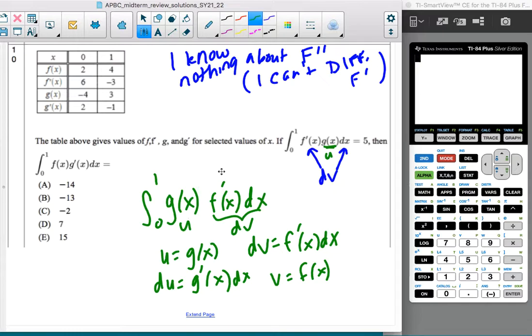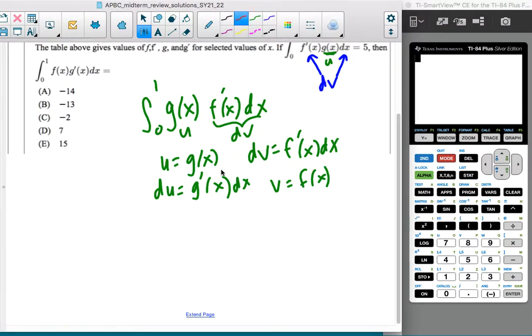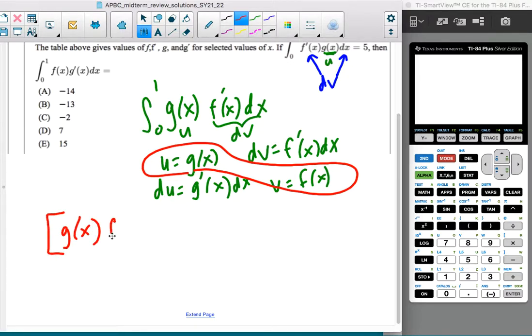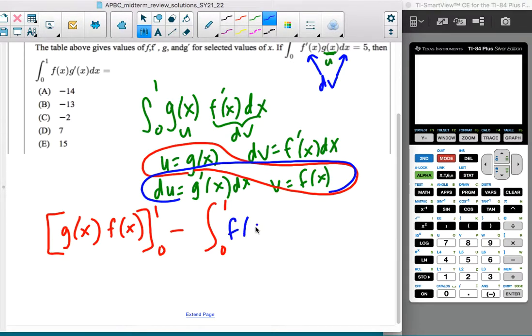Notice that I know things about all of this. If I had tried the other direction, I would have ended up with an f double prime, and I don't know anything about that. So I'm going to get uv minus the integral of v du, which is f of x g prime of x dx.